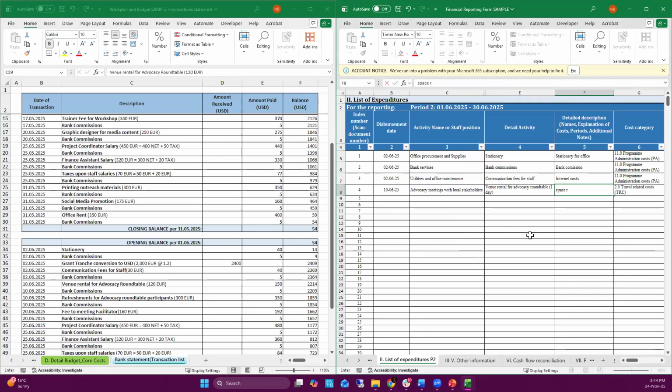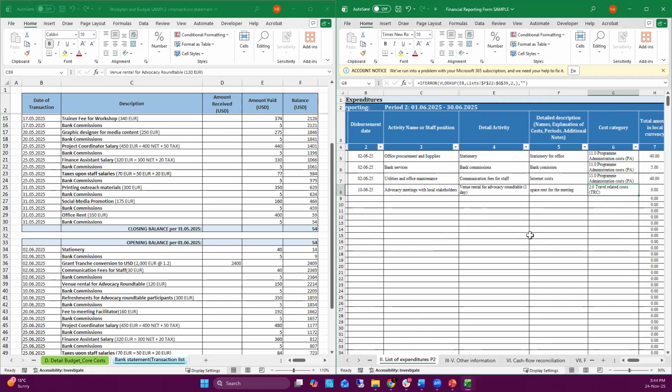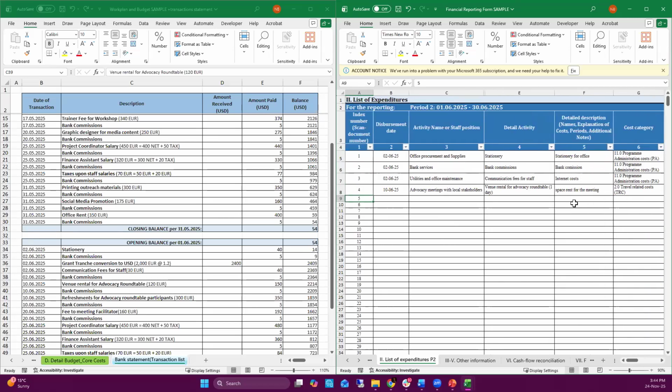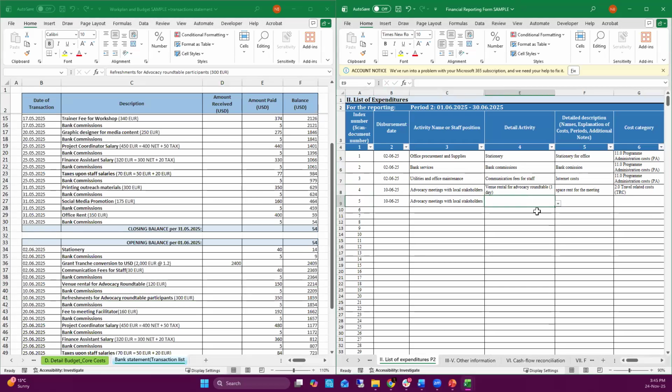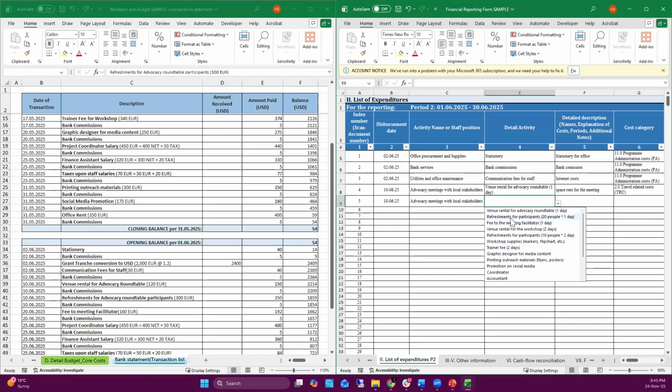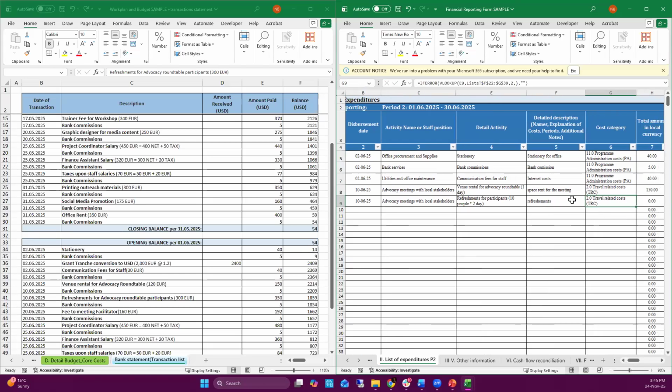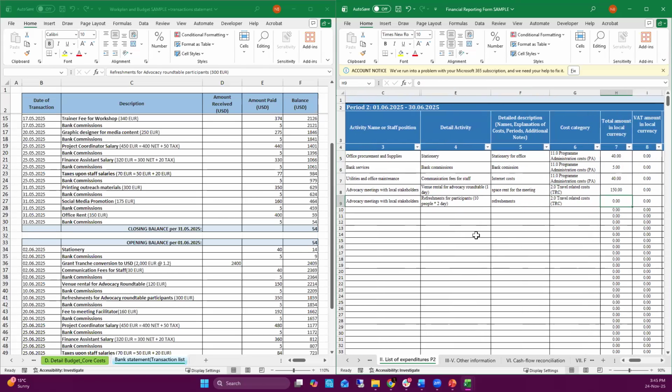Okay, space rent, the meeting, which cost us 150. Then we have the refreshments on the same date. Okay, it's the same activity. So here we have refreshments. I think it's this line, but anyway. 350.